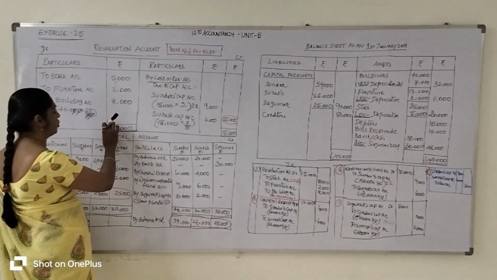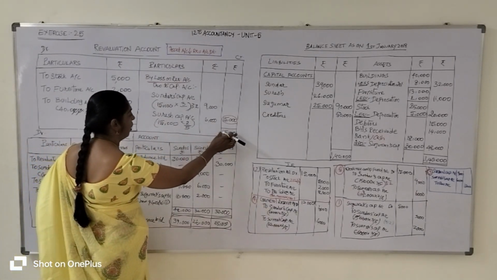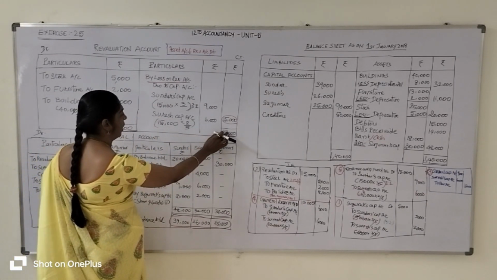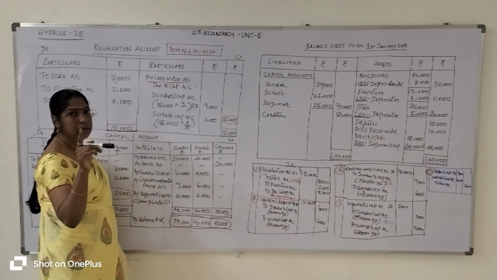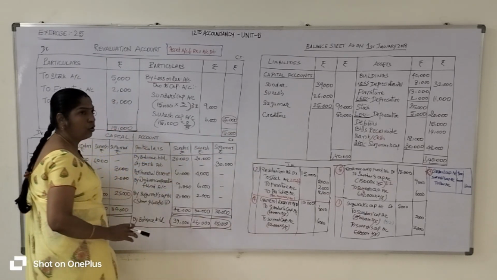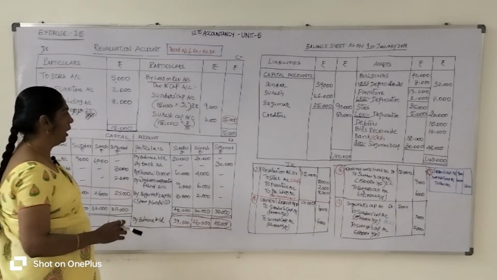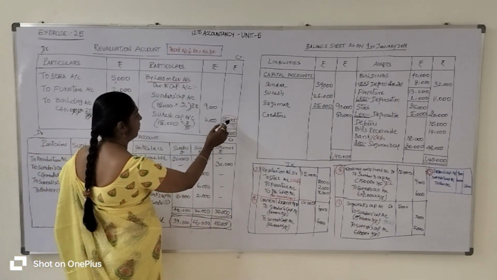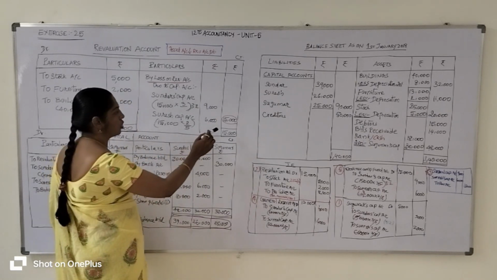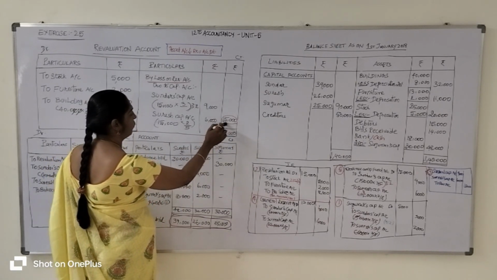The same 15,000 rupees total we enter on the credit side in the same horizontal line. After entering the total, you draw two lines, which denotes the total. After drawing the two lines, you go to the lesser side. What is the difference? 15,000 rupees. So the balancing figure is 15,000 rupees.